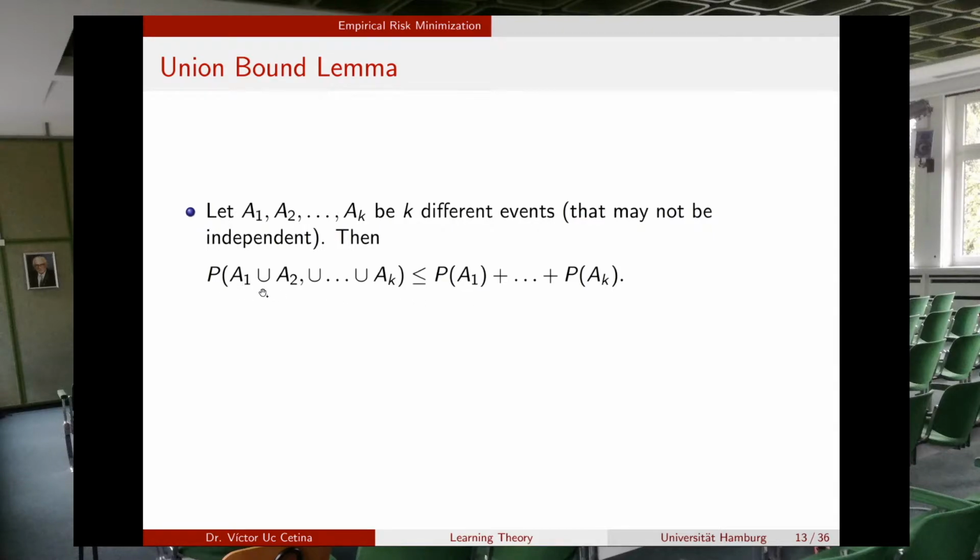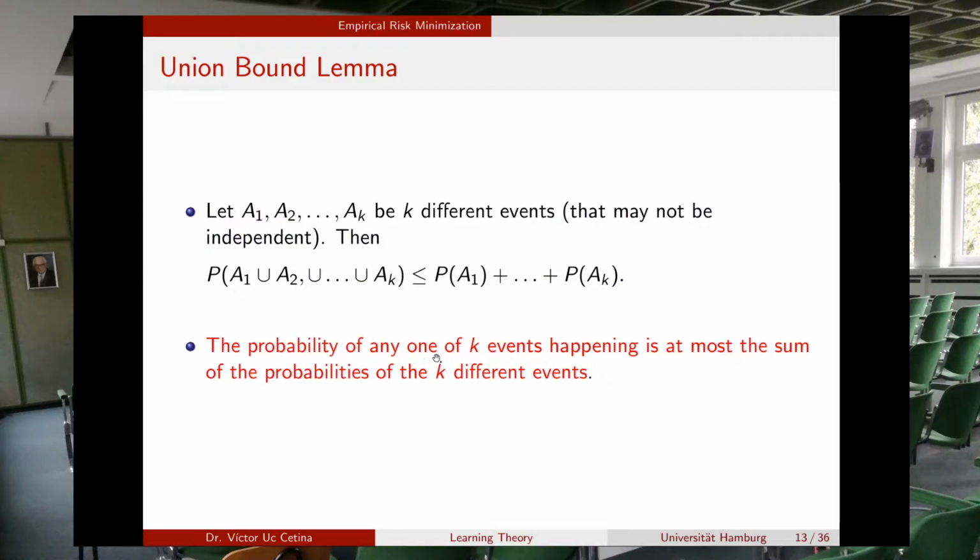So what we are saying here is that the probability that all these events will happen is less than or equal to the probability of event A1 happening plus the probability of event A2 happening, and so on until the probability of Ak happening.